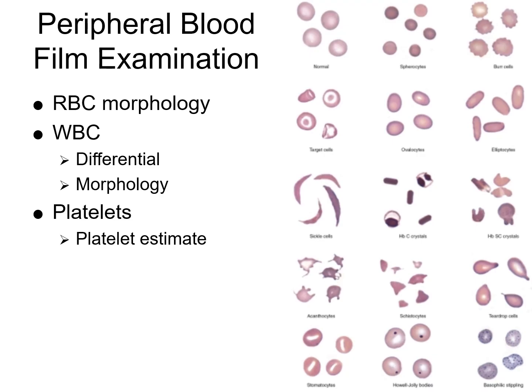Some common findings include anisocytosis, which is the variation in red blood cell size, and poikilocytosis, which is the variation in red blood cell shape. There are specific morphologies like target cells, spherocytes, schistocytes, or Howell-Jolly bodies, and these can provide more diagnostic clues as well. If you look at the picture there on the right, that shows your different morphologies of red blood cells.